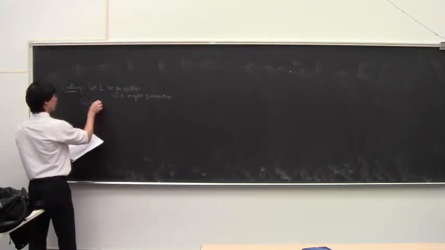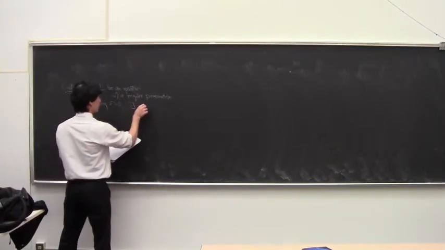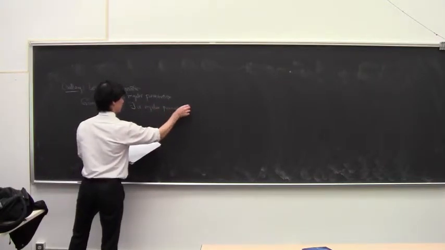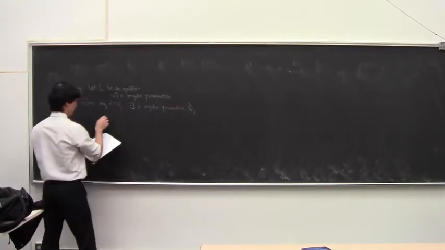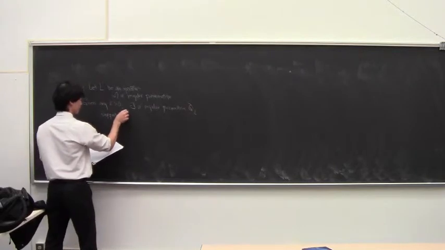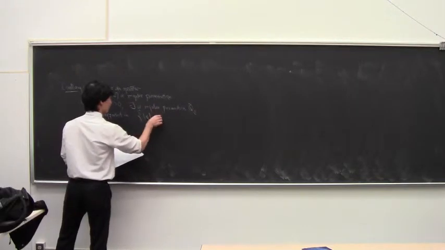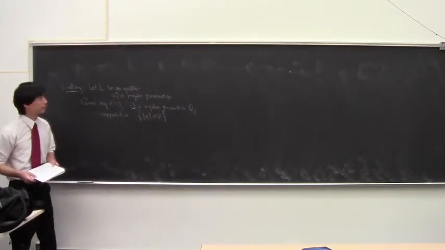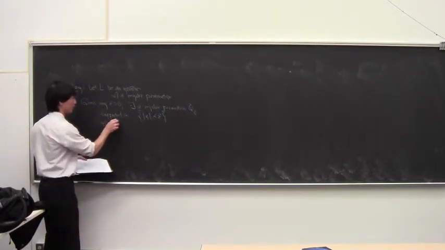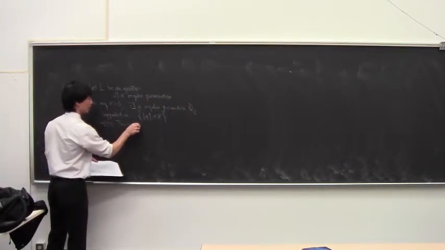Then, given any epsilon greater than 0, there exists a regular parametrix Q sub epsilon with support contained in the ball of radius epsilon. So really the corollary is true for elliptic operators.